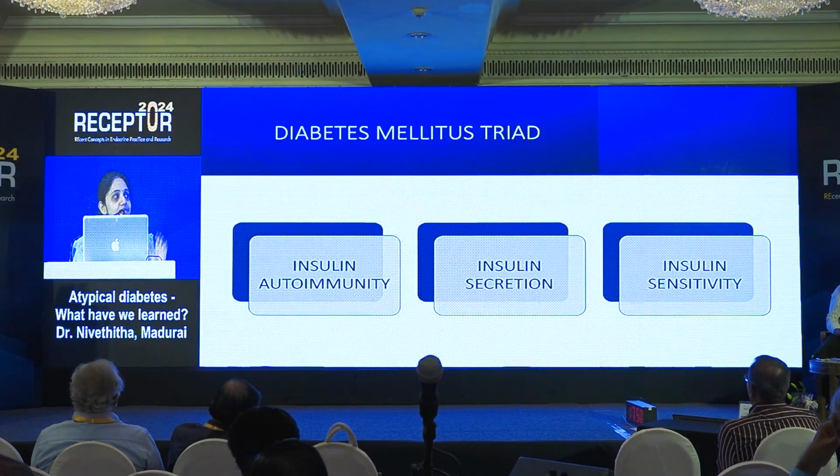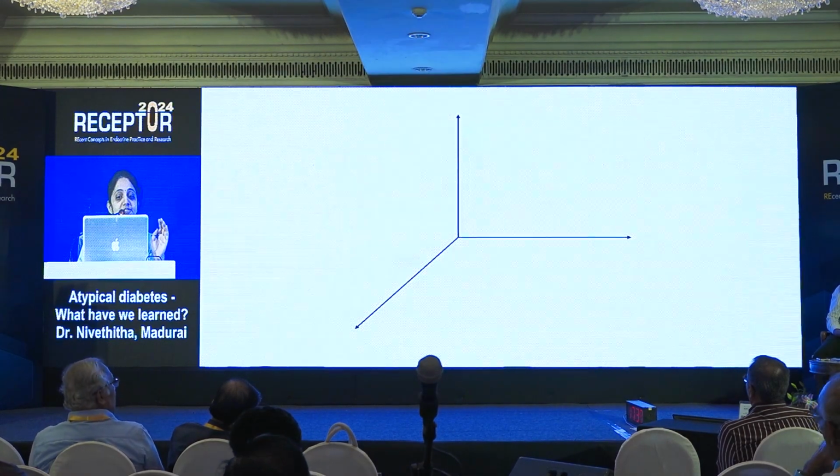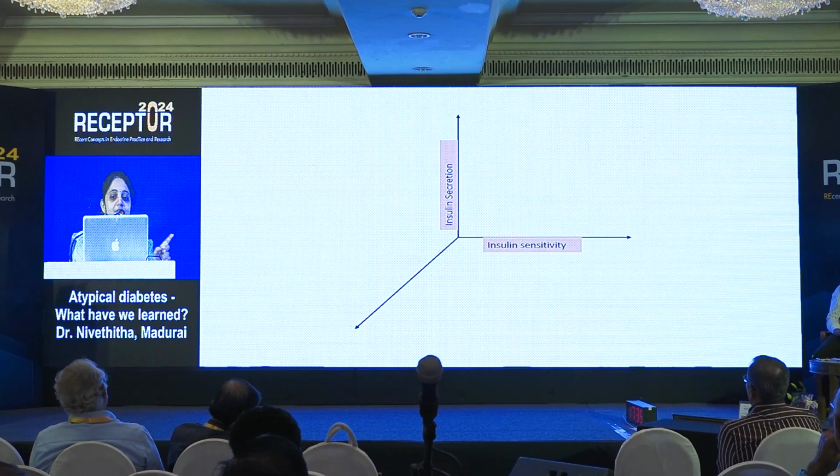Now, this is the classical diabetes mellitus triad, the pathogenesis, which comes into three main types: insulin autoimmunity, insulin secretion, and insulin sensitivity. Normal patients with a normal glycemic mechanism have very good insulin secretion and very good insulin sensitivity.